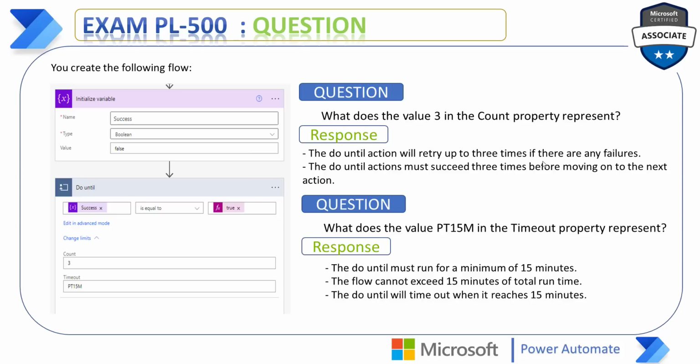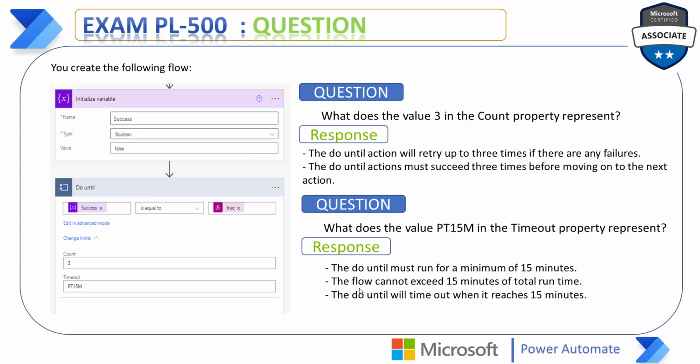So the first response, the Do until will retry up to 3 times if there are any failures, is the correct response. Now going to the second question: what does the value PT15M in the timeout property represent? This is the ISO 8601 format. The Do until will time out when it reaches 15 minutes. There are 3 responses. The first: the Do until must run for a minimum of 15 minutes. No, that is not correct.